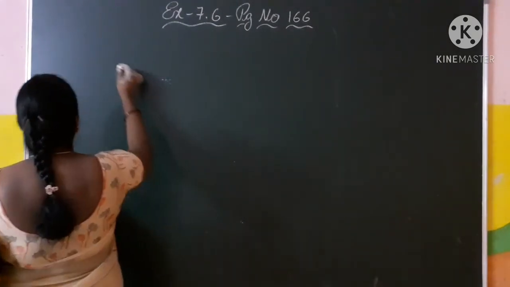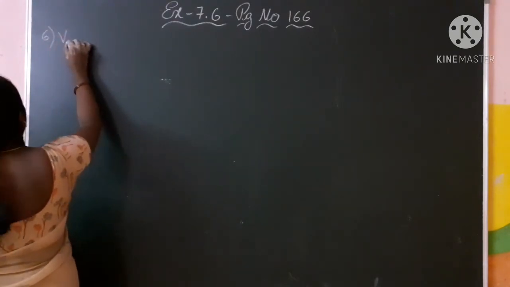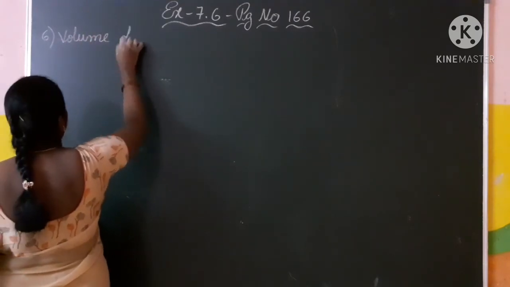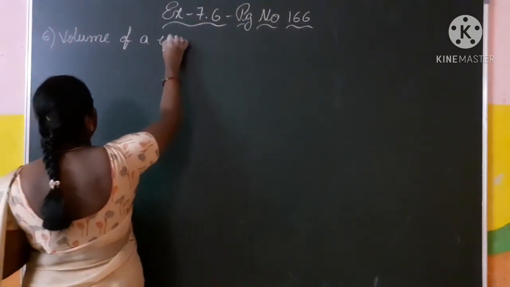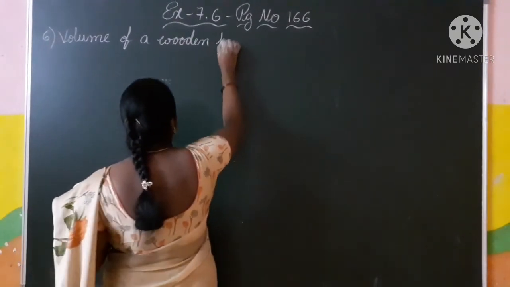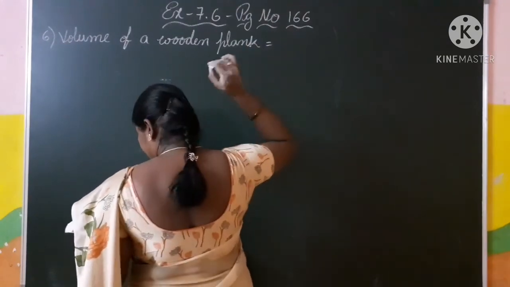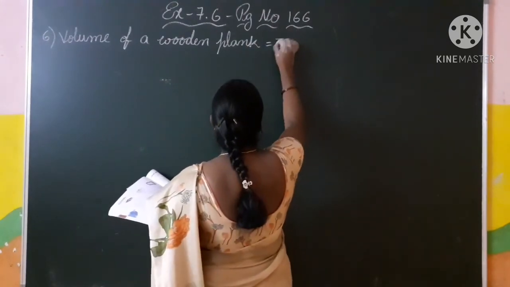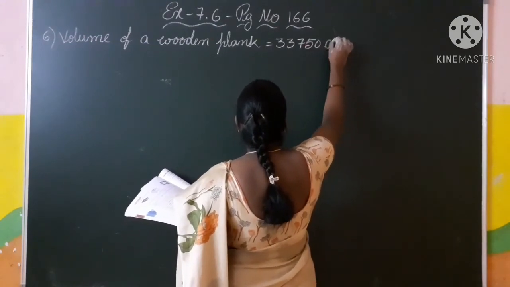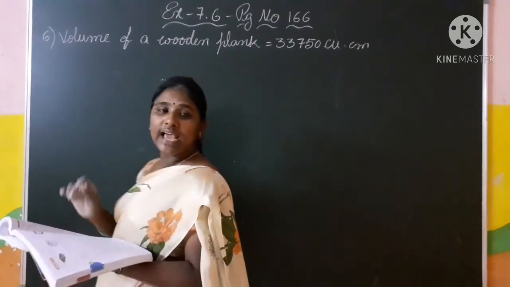So first, what is the volume of the wooden plank? The volume of the wooden plank is equal to 33,750 cubic centimeters. From this they are cutting pieces.